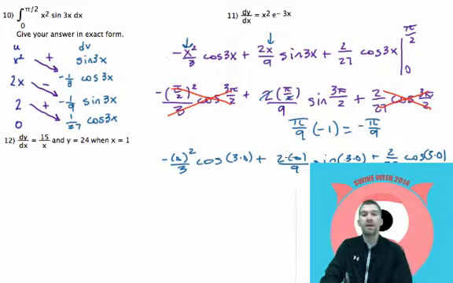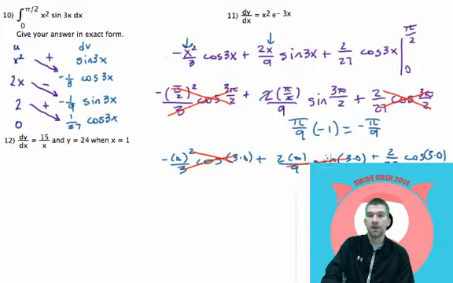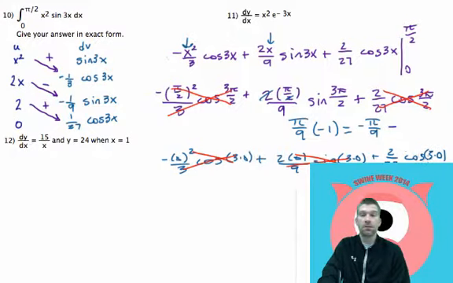Okay? And what happens here is when you multiply by 0, all the zeros go away. So all of those guys go away, and I end up with pi over 9 minus, and then the cosine of 0 is 1, so minus 2 over 27.